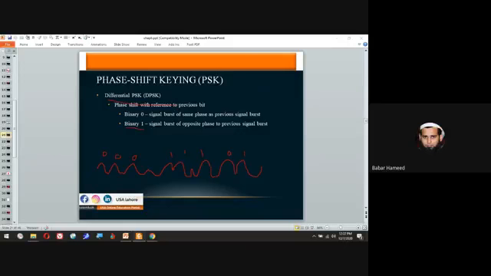This term differential refers to the fact that the phase shift is with reference to the previous bit transmitted rather than to some constant reference signal. What is the benefit of that? In differential encoding, the information to be transmitted is represented in terms of changes between successive data symbols rather than signal elements themselves.